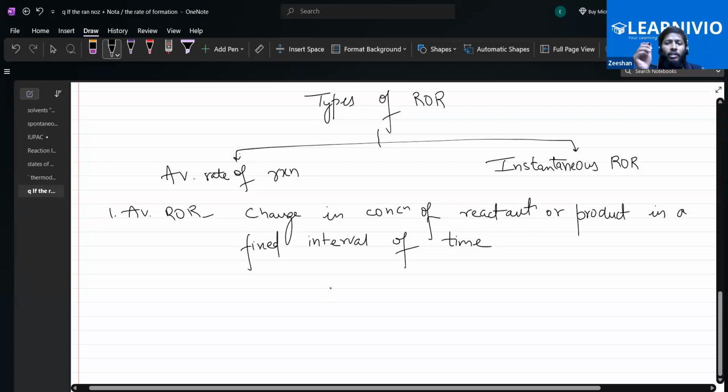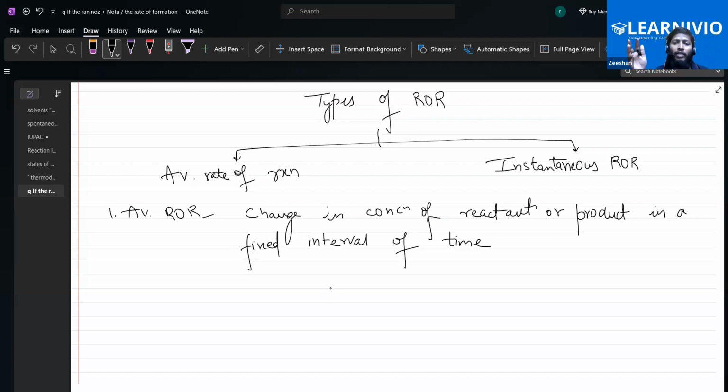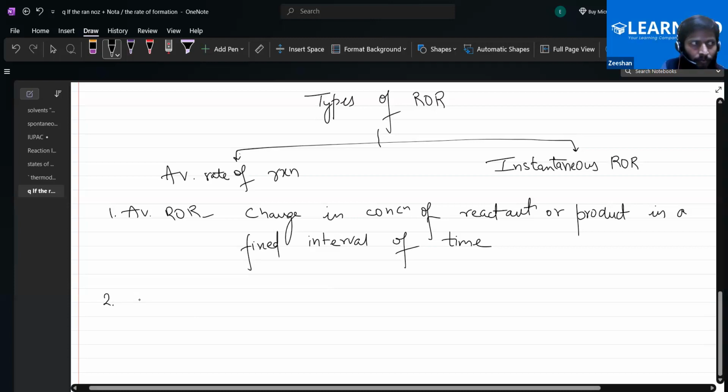Here we will take, for example, 2 seconds, 5 seconds, or 10 seconds, so in an hour, in 10 minutes or in 15 seconds. So it is in an interval of time, not at an exact moment of time. Got this language-wise?